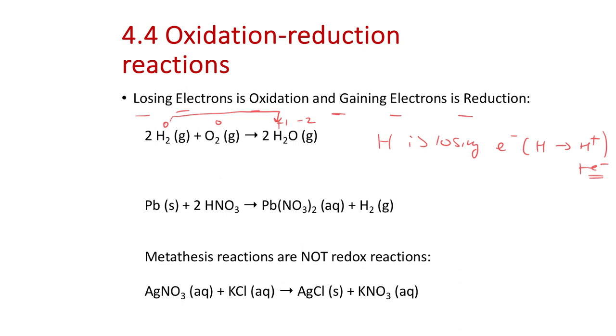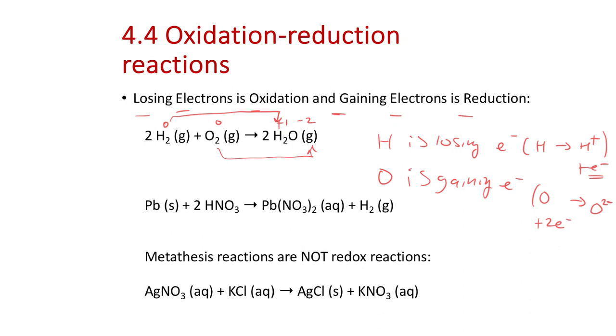It doesn't fly off and disappear. The electron has to be absorbed by something, and so our O atoms are what's gaining the electrons. So O is going from 0 to -2. So that's each oxygen atom absorbing 2 electrons.